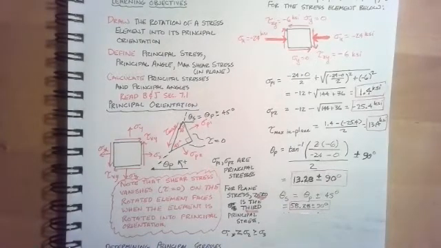What's important to know about principal stresses is that shear stress vanishes. In other words, tau is equal to 0 on the rotated element faces when the element is rotated into principal orientation.